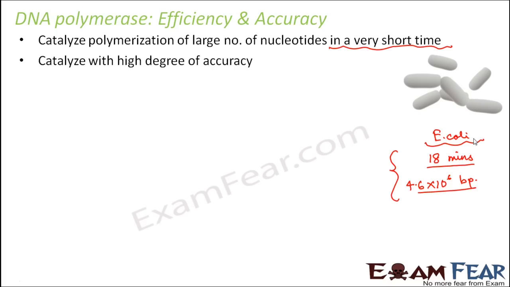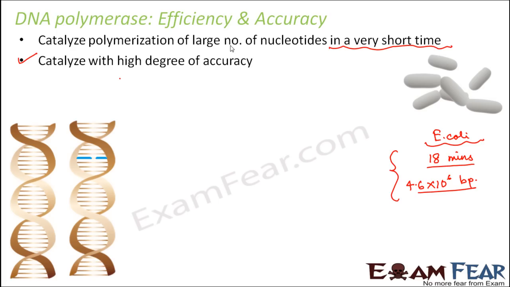It also catalyzes with a high degree of accuracy. When we talk about accuracy, since it is all about replication, we are basically creating a copy, so we should copy it in the right way. For example, if the original copy has a sequence somewhat like this, we expect that the new copy being created will also have the exact sequence.